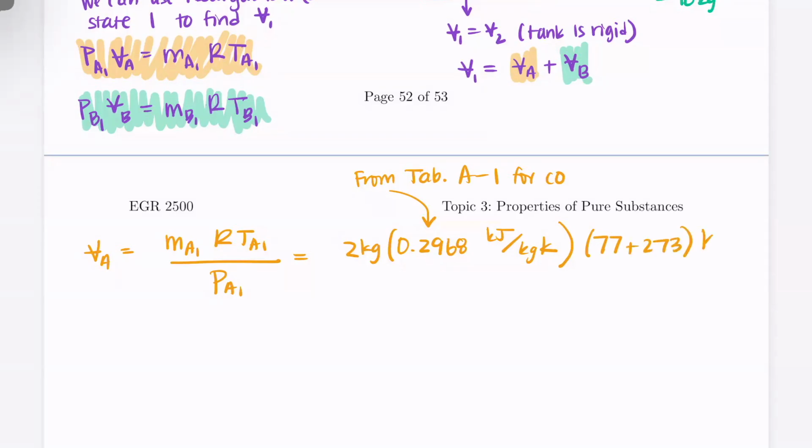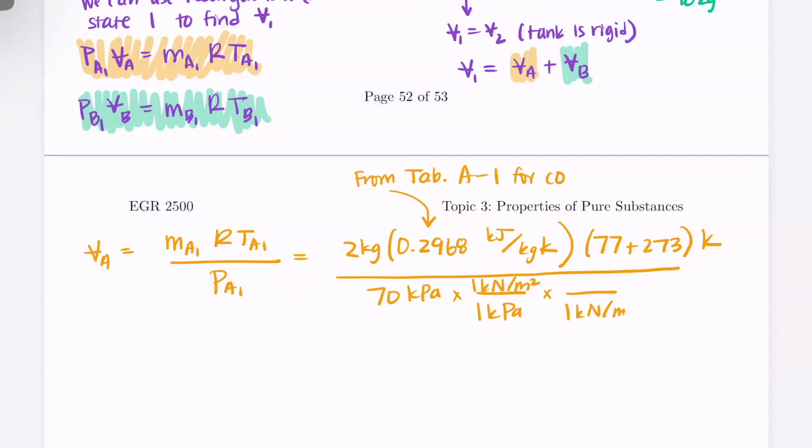So this gives us our temperature in Kelvin, divided by 70 kPa. And I'm going to convert this. So 1 kilopascal is 1 kilonewton per meter squared, and 1 kilonewton per meter is 1 kilojoule.